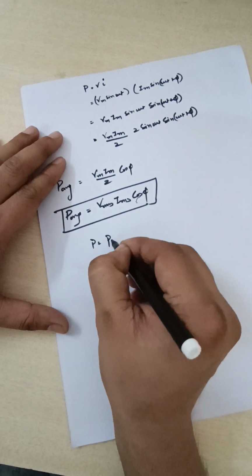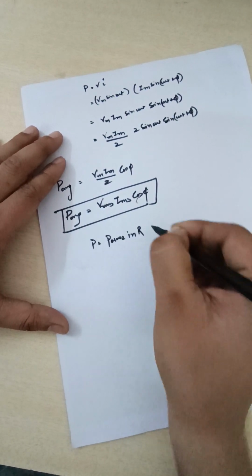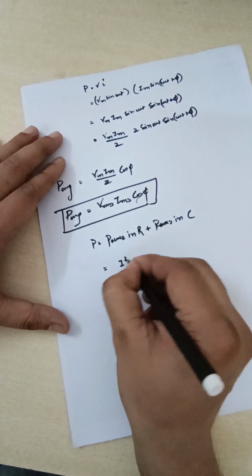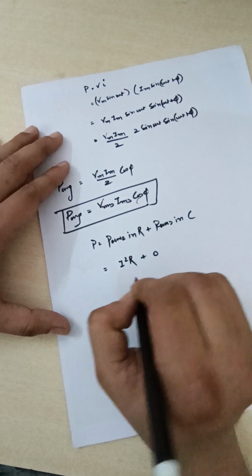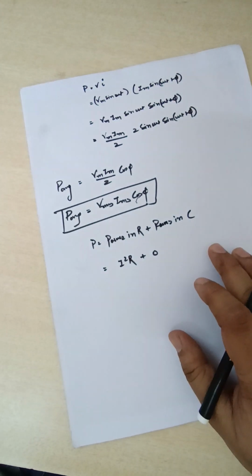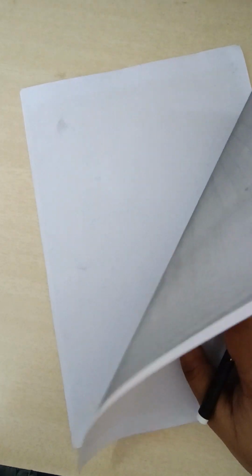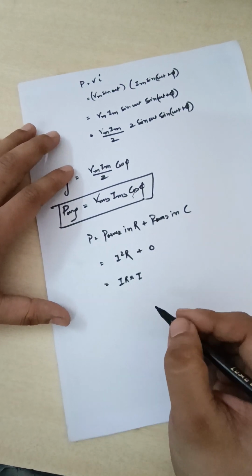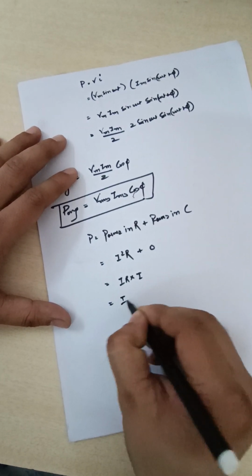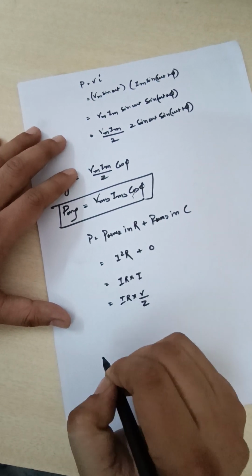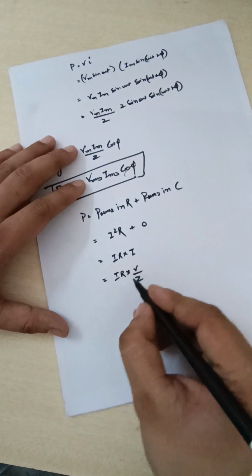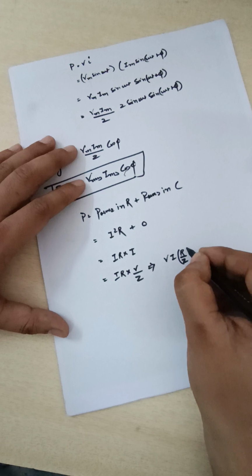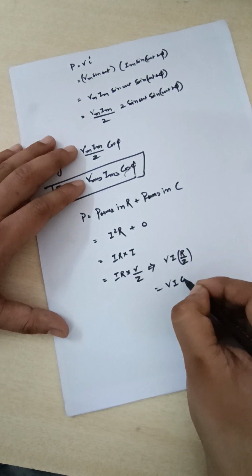P you can write as power in R plus power in C. So power in R will be equal to I square R, and power in C will be equal to 0, as we have discussed that the average power for a capacitive circuit will be 0, and for a resistive circuit it will be I square R. So I into I R. Clear? In place of I you can write V by Z. Now modify this expression: V into I into R upon Z. This R upon Z is termed cos phi, the power factor.